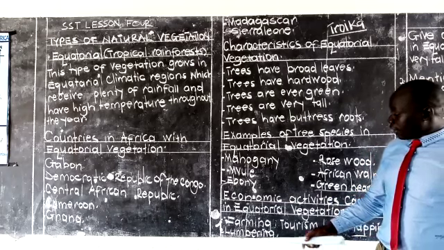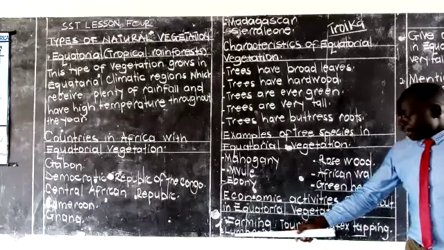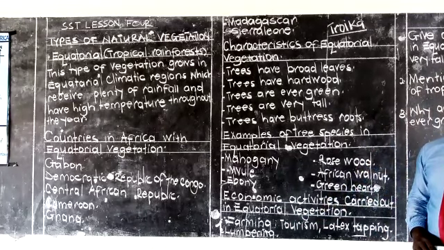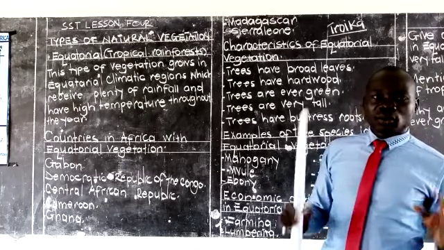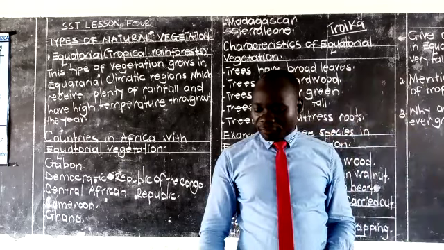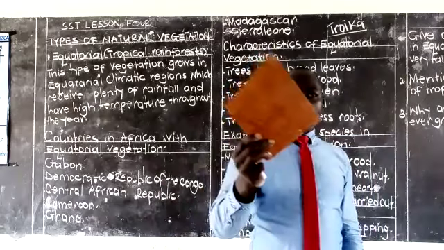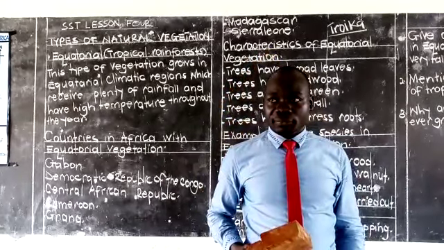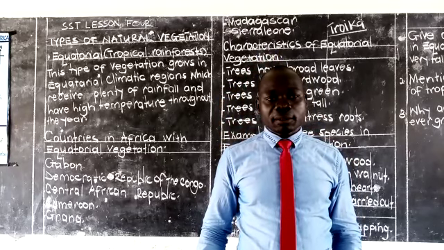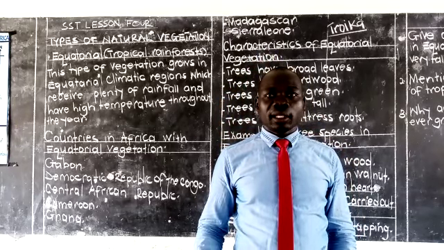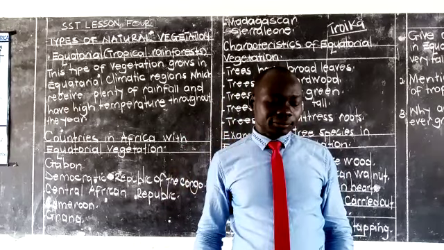Then we have an economic activity called lumbering. Lumbering is the cutting down of mature trees for timber production. Cutting down of mature trees for timber production is called lumbering.